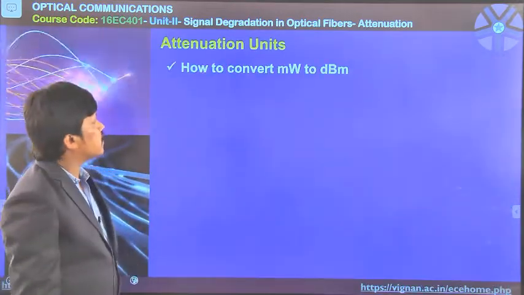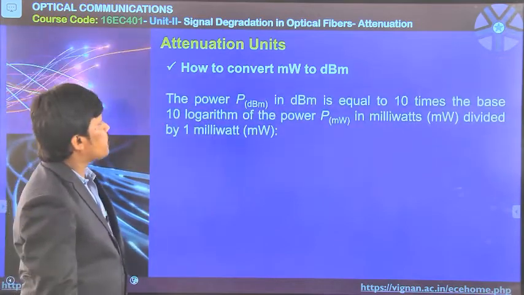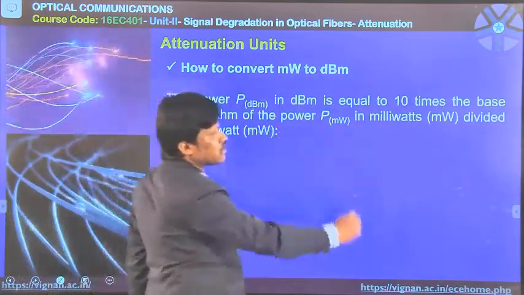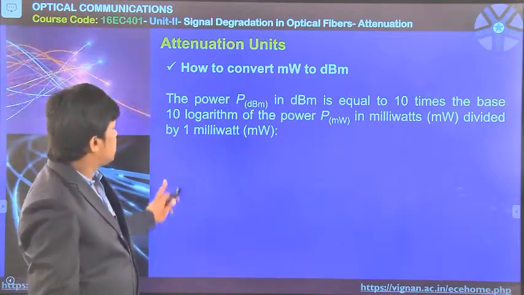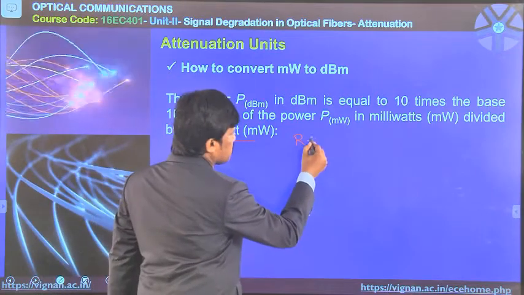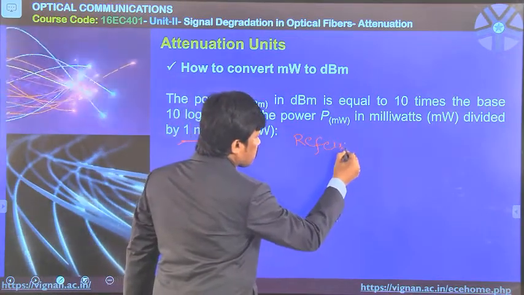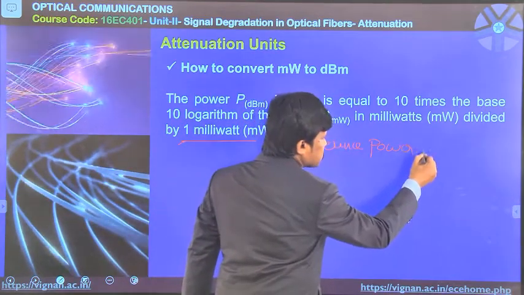To convert power in milliwatts to dBm, the power P in dBm is equal to 10 times the base 10 logarithm of the power in milliwatts divided by 1 milliwatt. 1 milliwatt is the reference power.